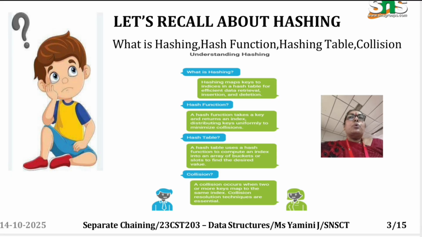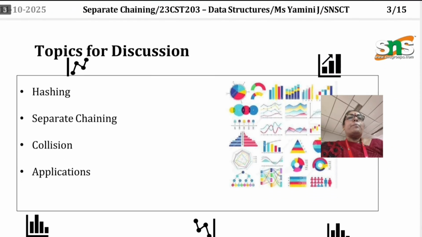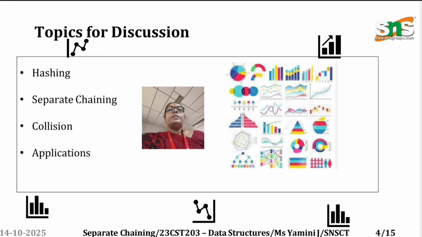However, collisions are inevitable when two keys hash to the same index, and that is where techniques like separate chaining come in. This topic is discussed in this presentation: what is hashing, what is separate chaining, collision and application.